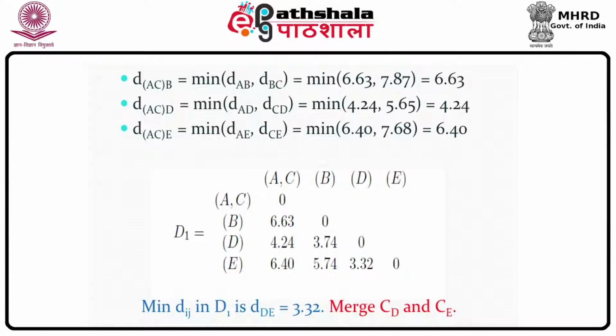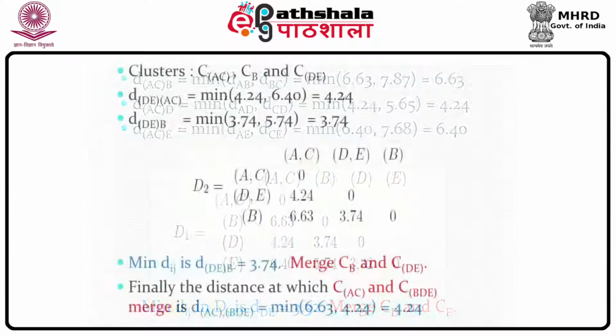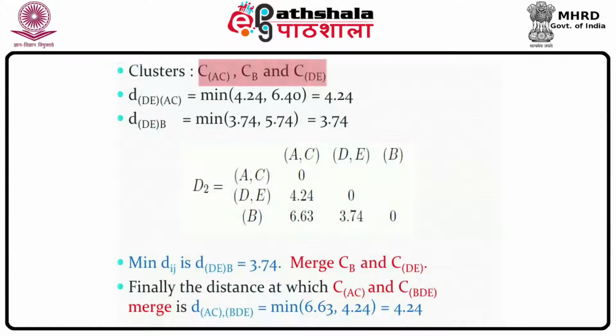From this we find that the minimum is 3.32, which corresponds to D and E. So we merge the clusters CD and CE to form a new cluster CDE. So we now have three clusters, AC, CB and CDE. So we need to again redo the distances between these clusters.